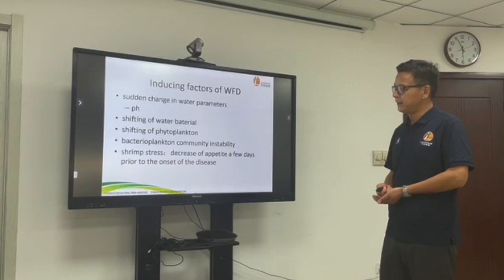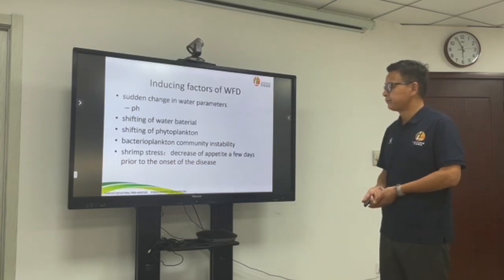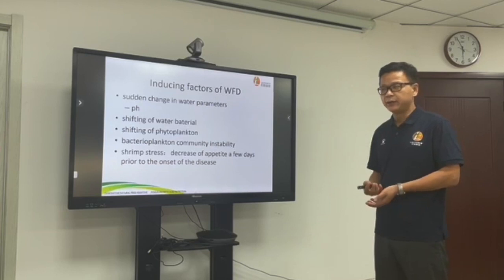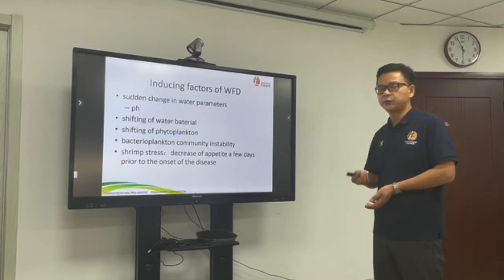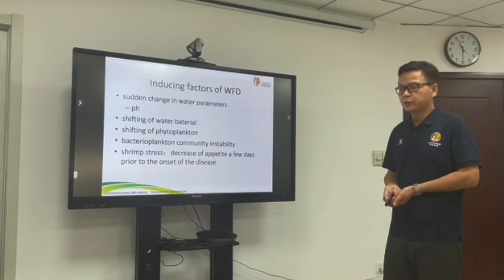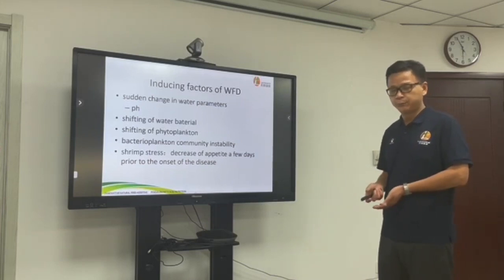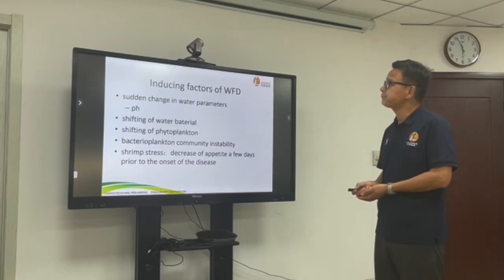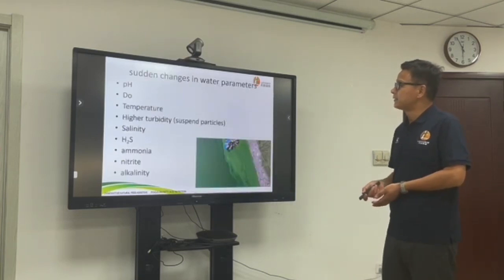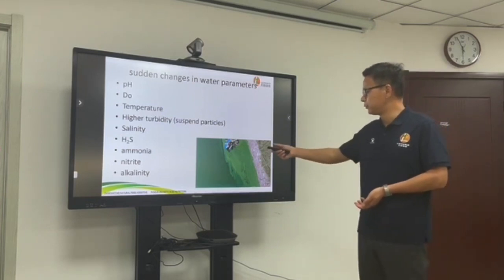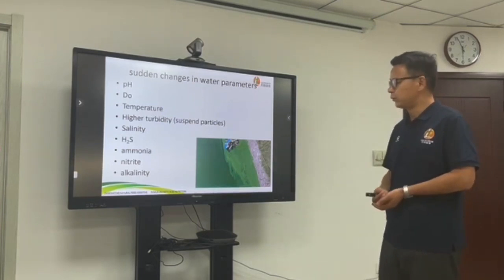The last one is shrimp stress. Once we stress the shrimp, it will affect the appetite, I mean decrease the appetite. So after a few days, maybe disease will break out. And the parameters, especially the pH, we can see in this photo, the hidden algae in the water.